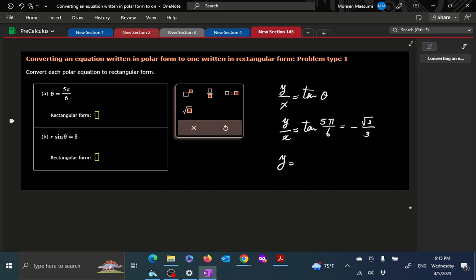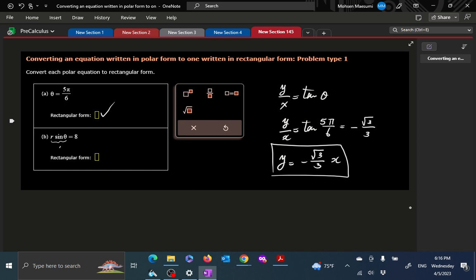So y is equal to minus radical 3 over 3 times x. That is going to play the role of the slope of the line. That is the slope. So that is the equation for this one.